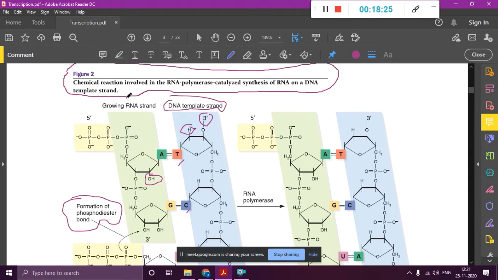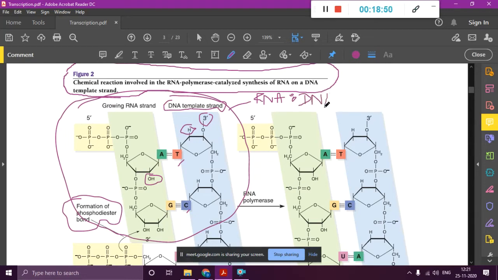So this region which you find over here is a short region of RNA-DNA hybrid. It's not a double stranded DNA or a double stranded RNA. This is an RNA to DNA hybrid.